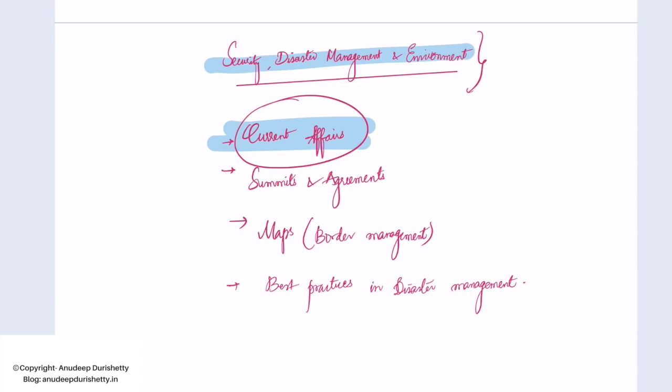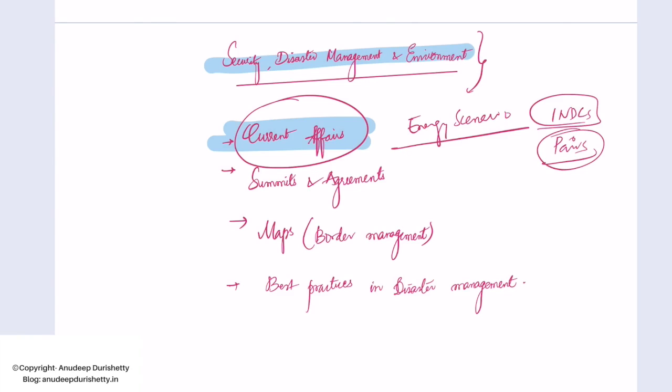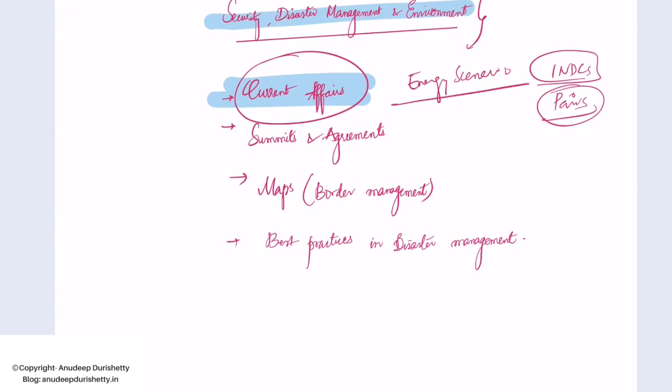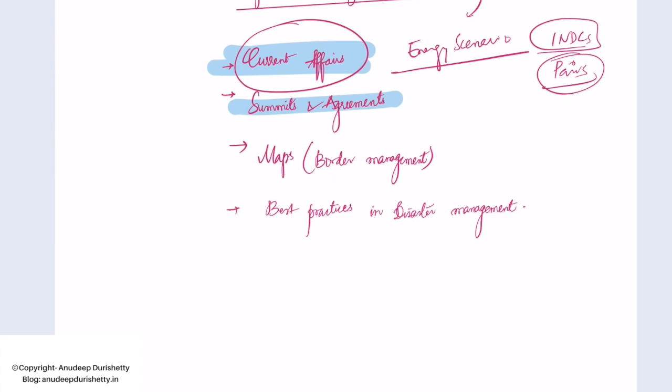For example, if a question comes on energy scenario, you should mention recent data pertaining to India's INDCs under Paris Agreement. Just be thorough with current affairs. You will definitely answer these segments well. So keep track of summits and agreements that India is signing to ensure that you don't miss out any topics under these sections.